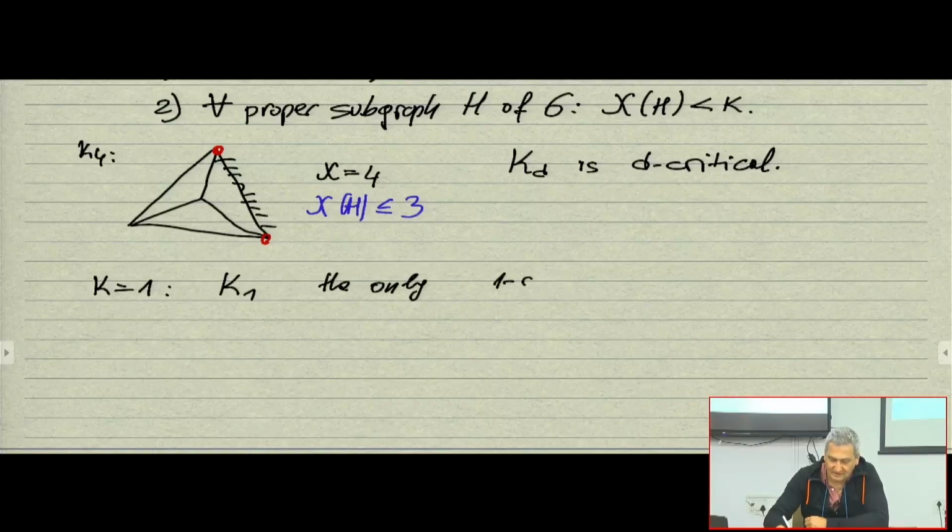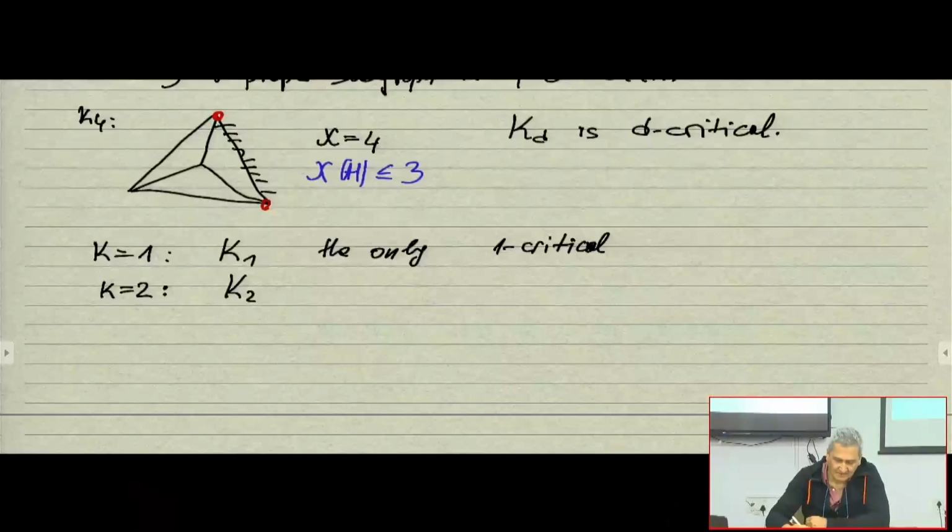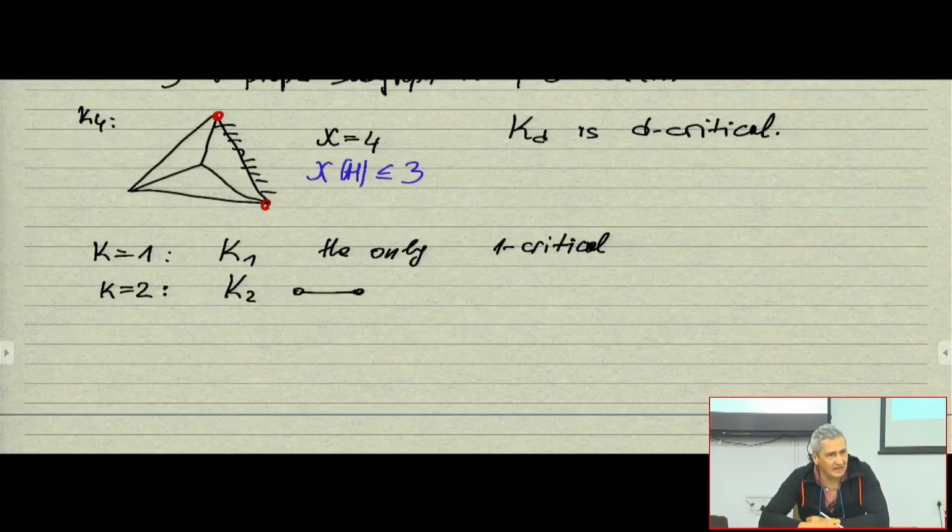For K2, can you help me? Yes, this is the edge. Whenever we remove the edge or some vertex, automatically the edge is also removed. We have 1 vertex and we need only 1 color. It is the only 2-critical graph.